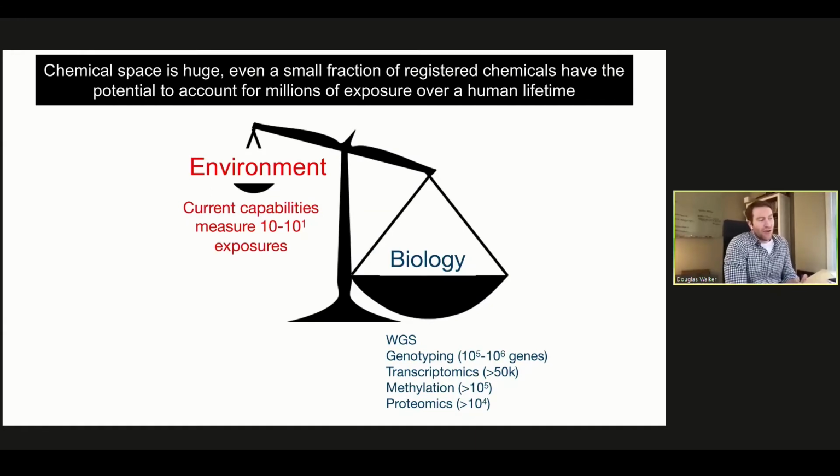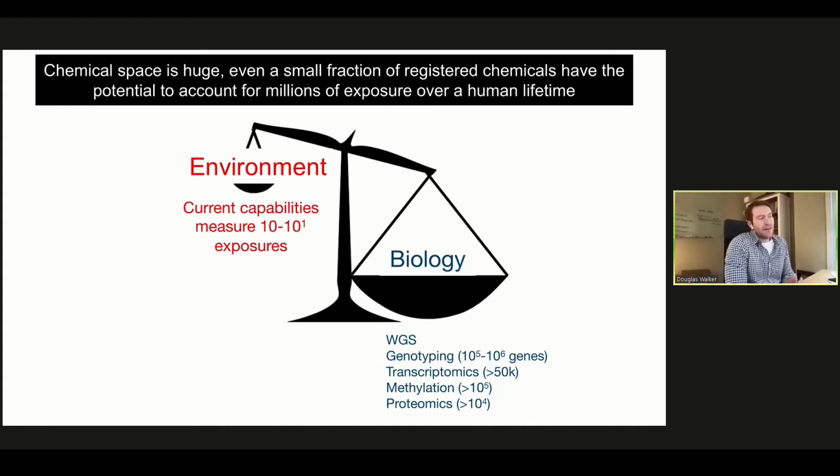Unfortunately, there's a discrepancy between our ability to characterize the environment relative to biology. There's been tremendous advances in systems biology and omic technologies that allow us to characterize multiple levels or profiles within a human sample. These include things like whole genome sequencing and genotyping and transcriptomics. We can look at epigenetics and methylation, as well as proteomics.